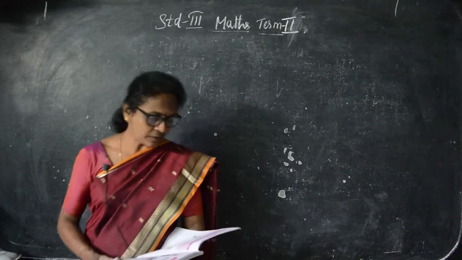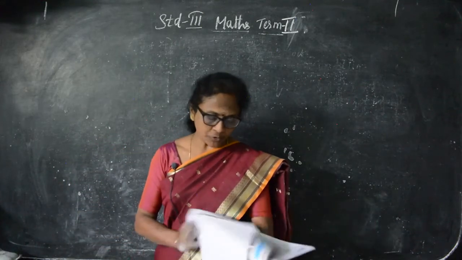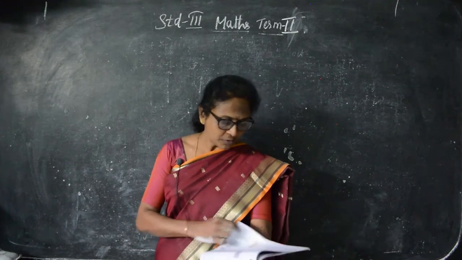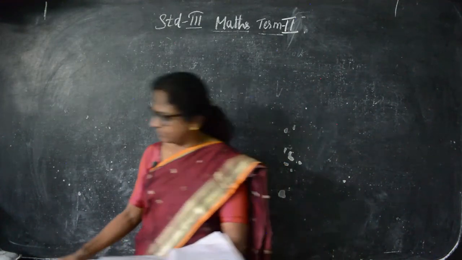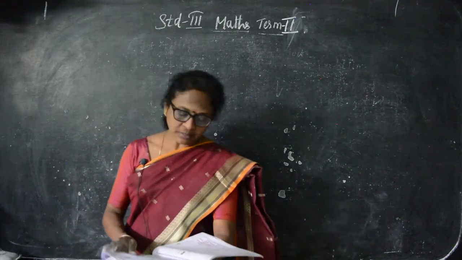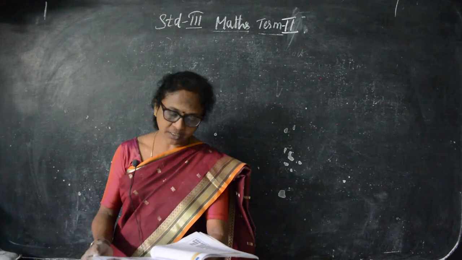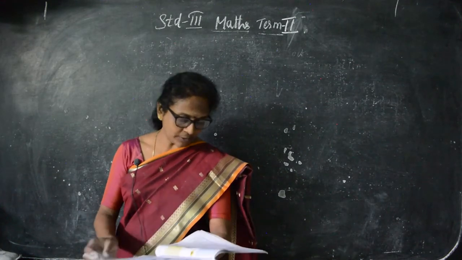So only the numbers and time. So only 2 exercises, numbers and time. So first one fully, what all we are having in this. So numbers and time. So lattice multiplication and multiplication and tables. So all this. Okay.